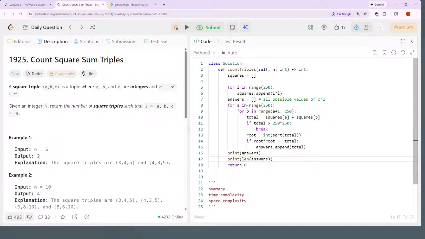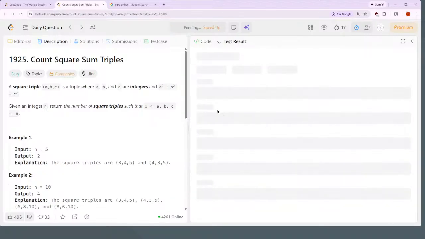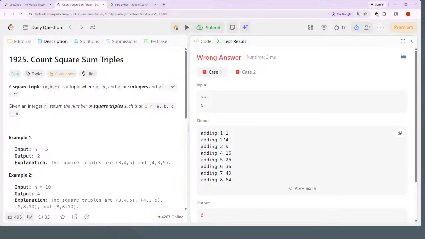So A is 1, B is A is 0, squares at A, squares at B is square root of 3, which should be 1. 1 times 1 equals... this can actually work with 1.